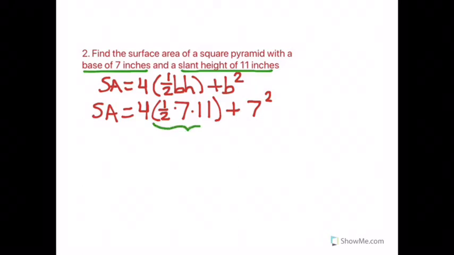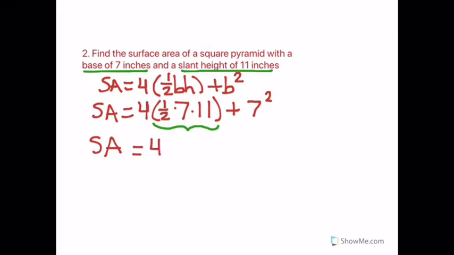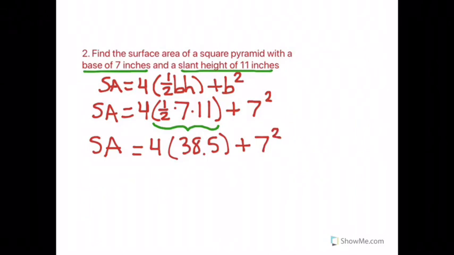First step is to calculate this inside. Again, if you need to use a calculator, you can put in 0.5 for 1/2. So 1/2 times 7 times 11 is 38.5. Bring down your plus 7 squared. Okay, surface area is 4 times 38.5, which is 154.